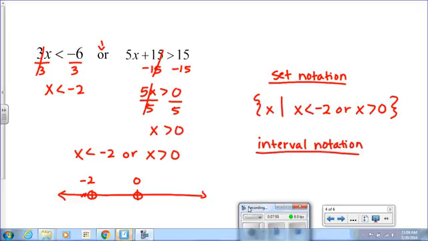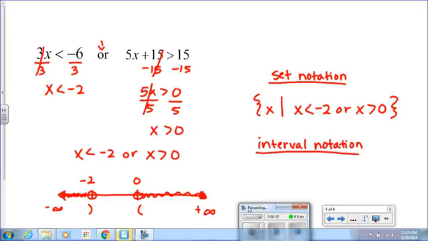It's OR, so I want to shade outside. Okay, so I need to write this as an interval. So I know I have this left arrow filled in, so -infinity. So -2, open circle means parentheses. Then I start back up at 0, open circle, parentheses, and I have the right arrow filled in, so +infinity.